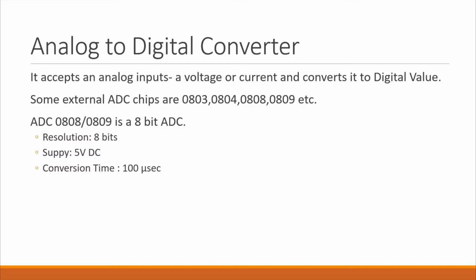It requires a supply of 5 volt DC, and it takes a conversion time of 100 microseconds. What do you mean by conversion time? Conversion time means the time required by this ADC to convert a signal from analog to digital. So the minimum time it takes is 100 microseconds.